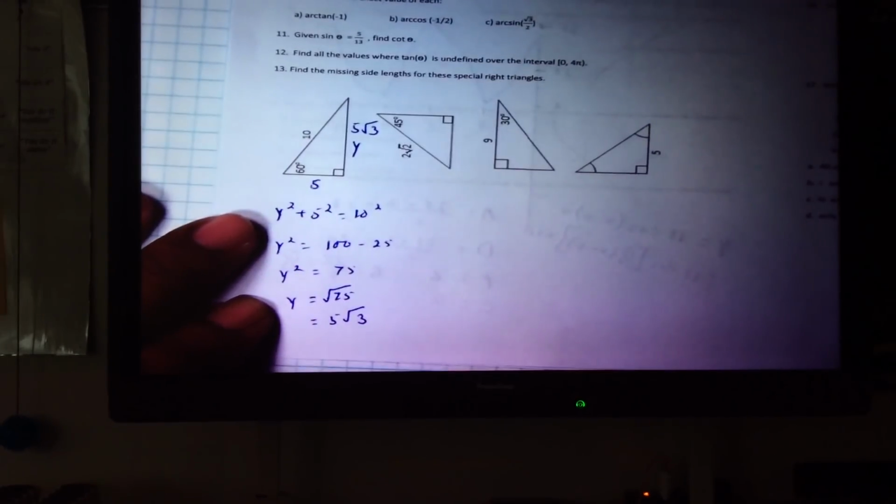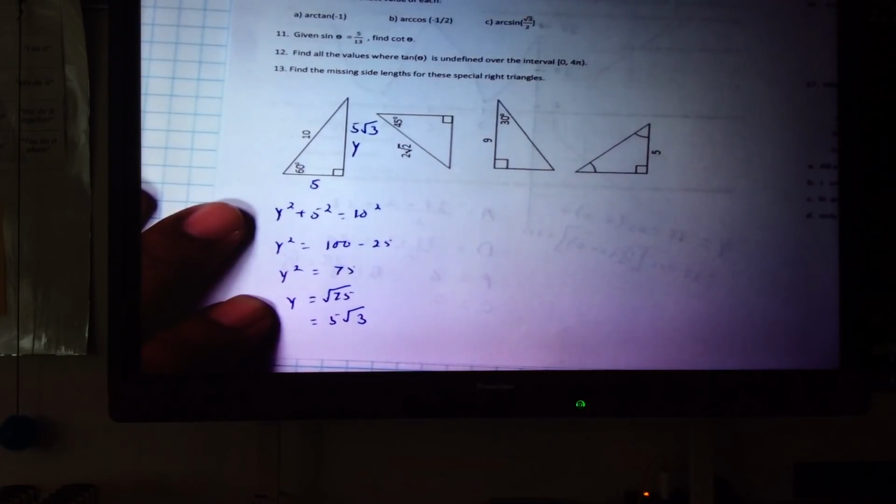Okay, so you said that the adjacent side is going to be half of the hypotenuse. Oh, okay. Now the others are done the same way. And how do you find 5 times the square root of 3?